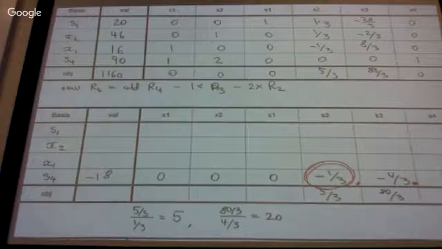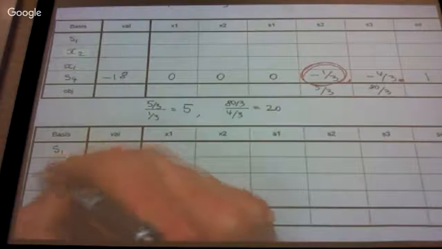So that's the pivot element. And this is now in the book. So after pivoting, what's the basis going to be like? Well, S1, X2, and X1 remain.